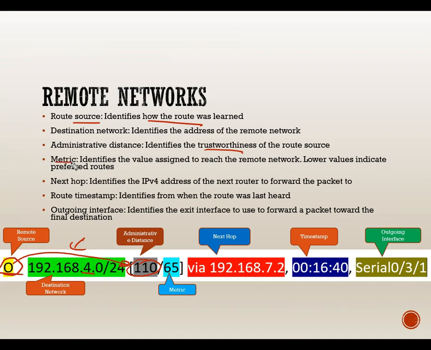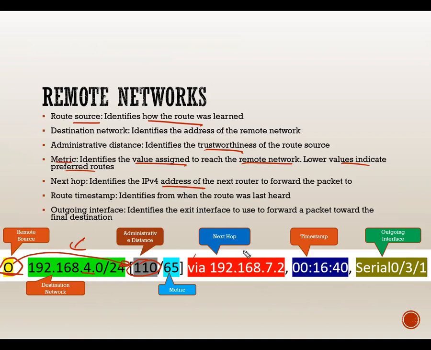How trusted is it? The metric identifies the value, basically how much it costs, for lack of better terms, to reach the remote network. The lower values indicate the preferred route. So in this case, the lower the cost, just like if you're going to buy a product, the lower the price, the better. Next hop is the IPv4 address of the next router.